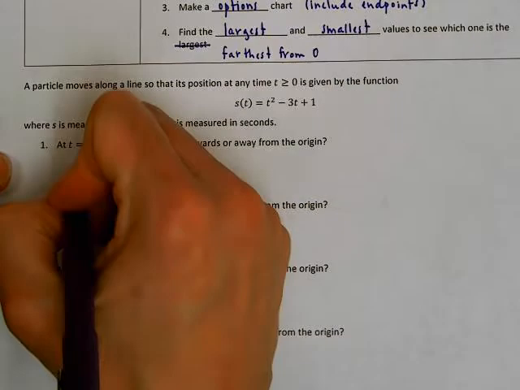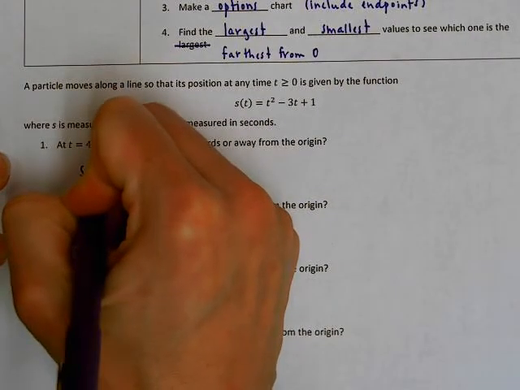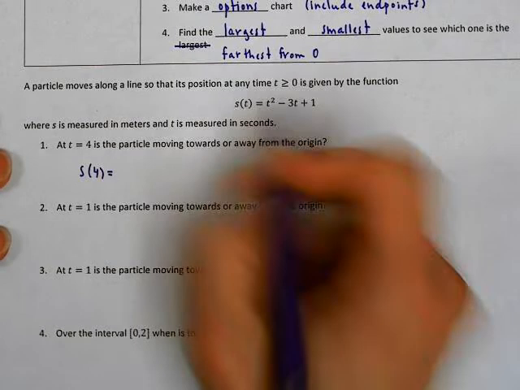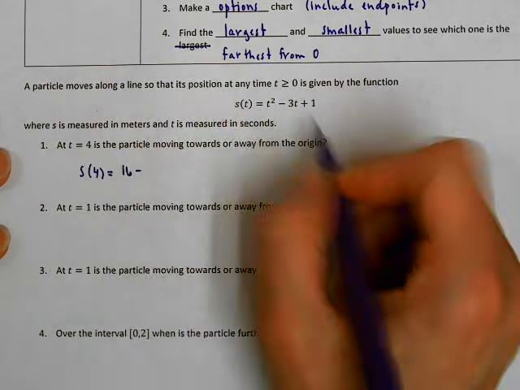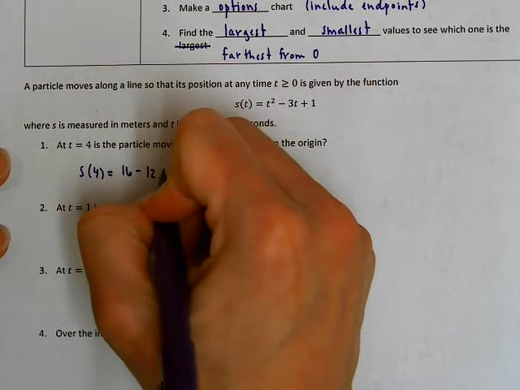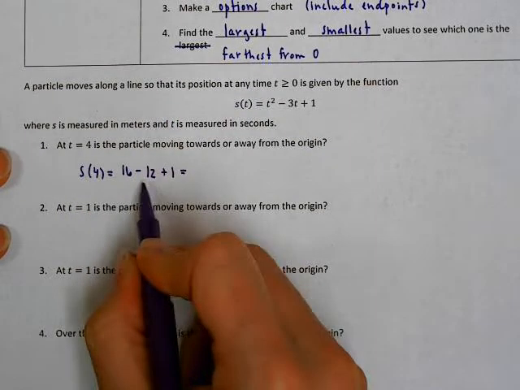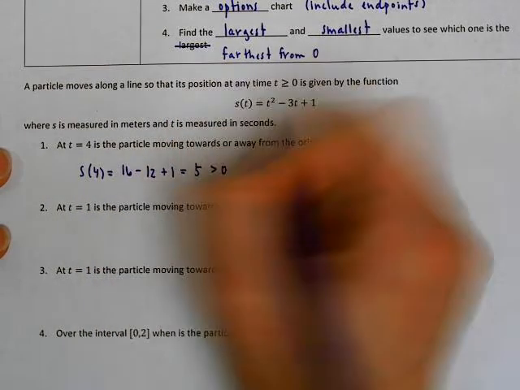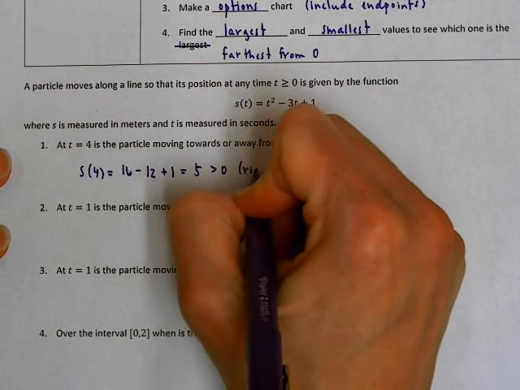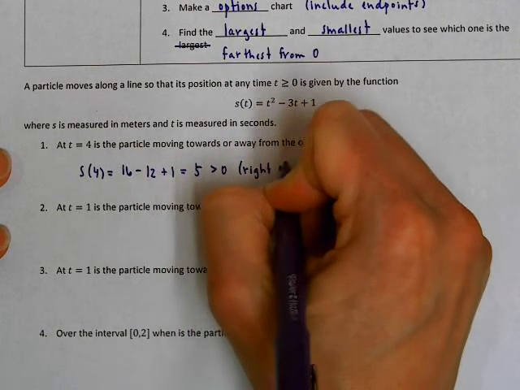So let's go ahead and find our position at time 4. So I'm going to have 4 squared is 16, minus 3 times 4 is 12, plus 1. So 16 minus 12 is 4 plus 1 is 5. So it's greater than 0. So I know I'm to the right of the origin.